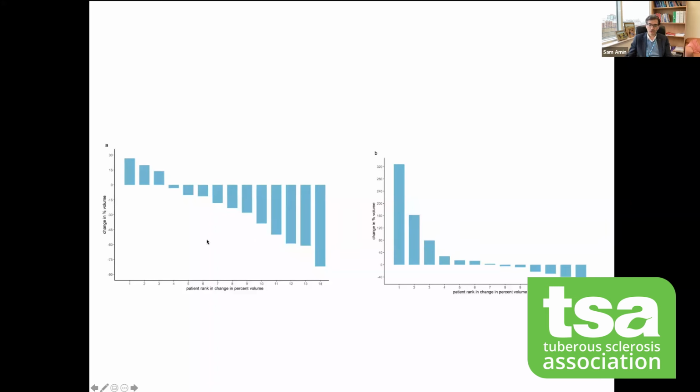Half of the patients received treatment, metformin, the other half received placebo. As you can see, you have more of these downwards in the treatment group compared with the placebo. So this slide tells us that this drug was effective in shrinking the subependymal giant cell astrocytomas in patients who took it, compared with patients on placebo.